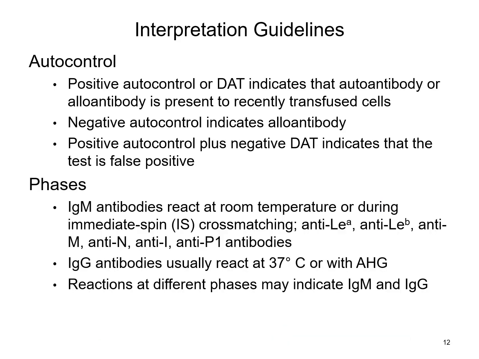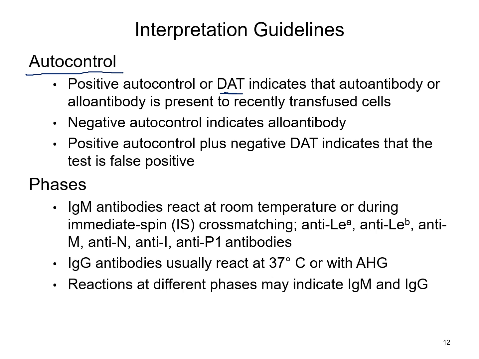All right, so those panel cells, how do we actually interpret them? Well, we have to look at a few things. We've always got to look at that autocontrol. Is that autocontrol positive? Because if it is positive, then we need to figure out why it is positive. So we need to check that DAT, to see if it's positive or negative, to help with that investigation.